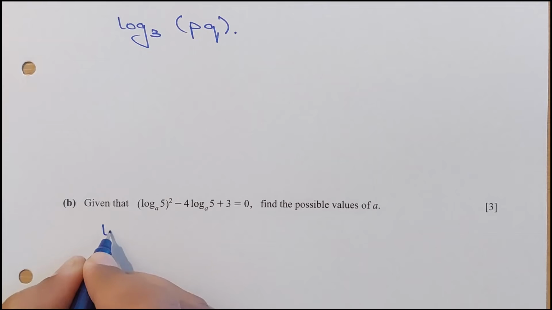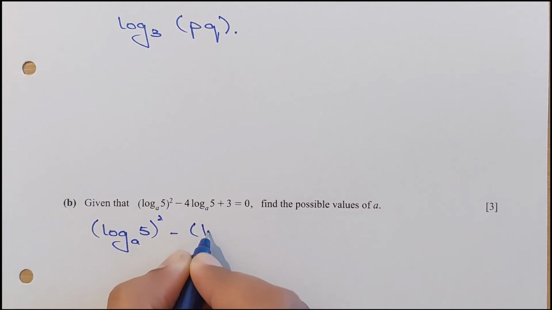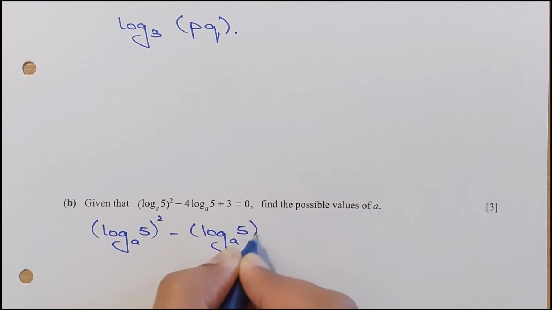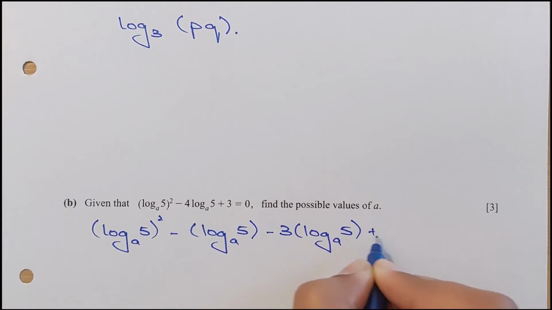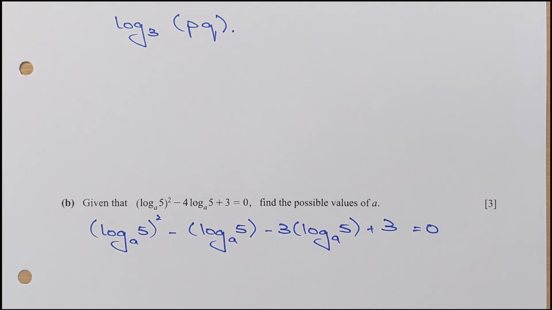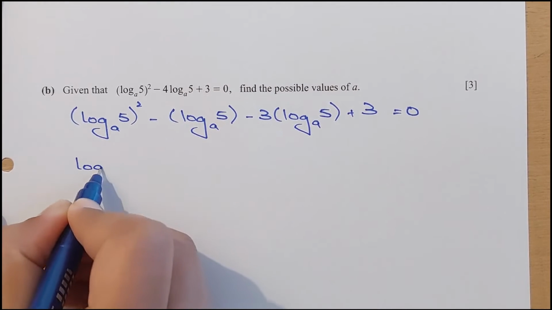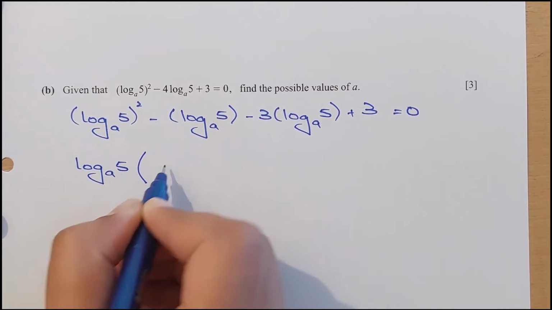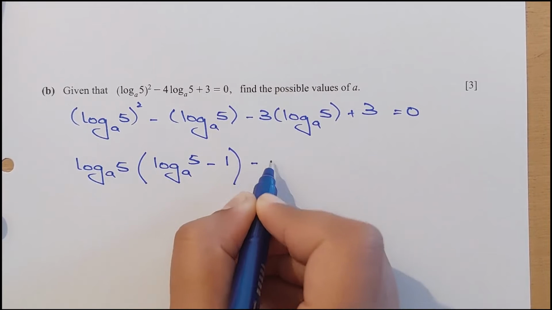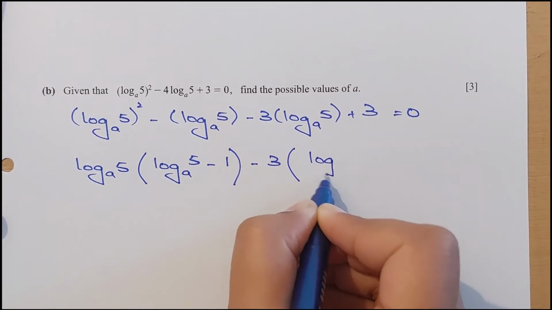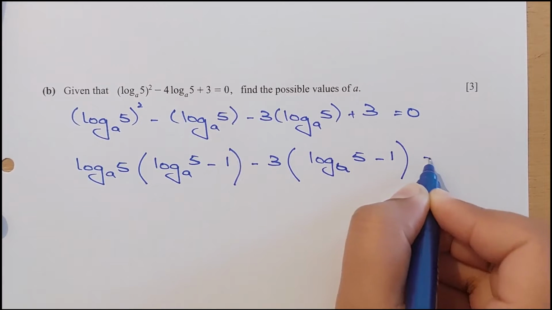So (log_a 5)^2 minus 4 log_a 5 plus 3 equals 0, which factorizes as (log_a 5 minus 1)(log_a 5 minus 3) equals 0.